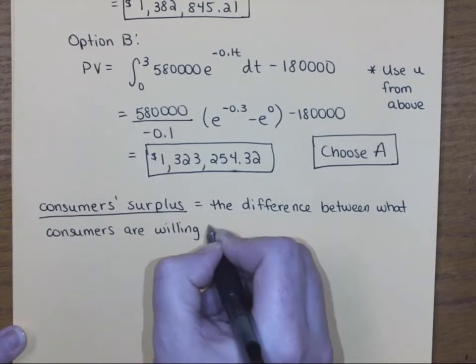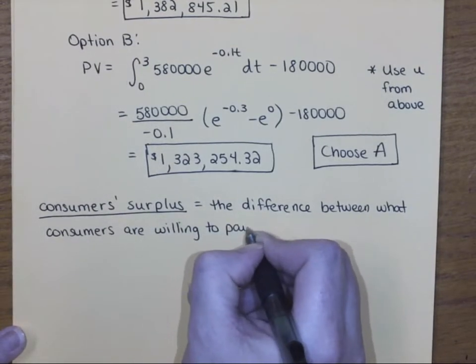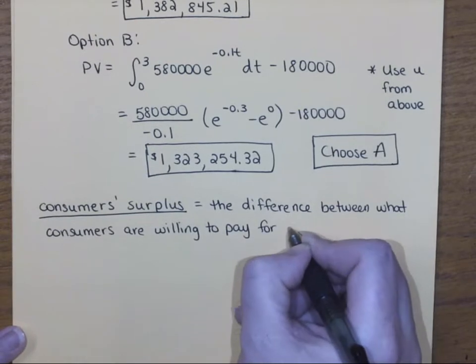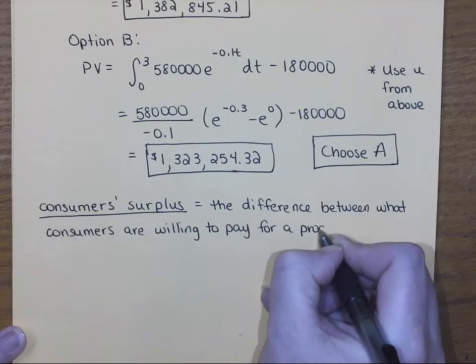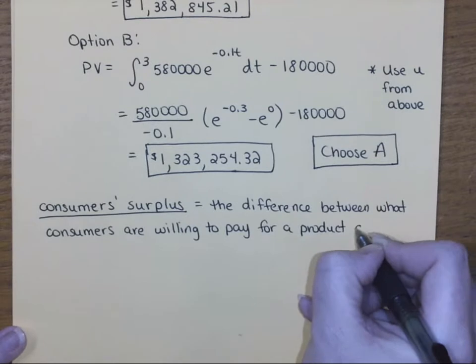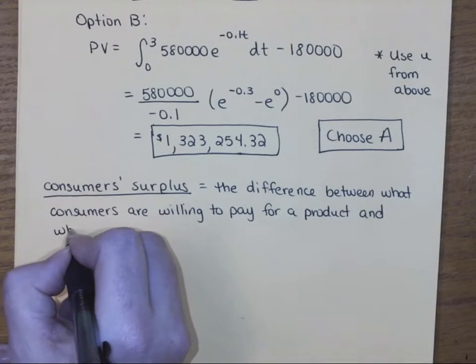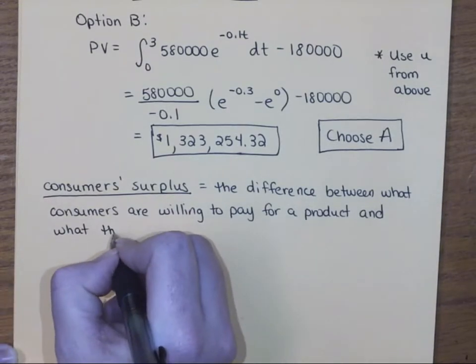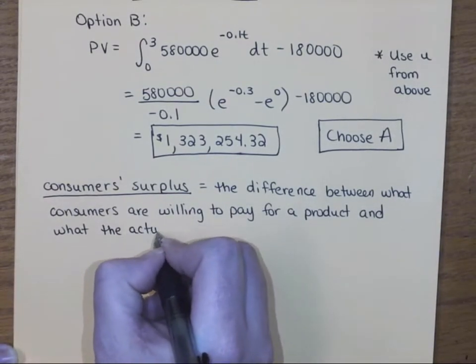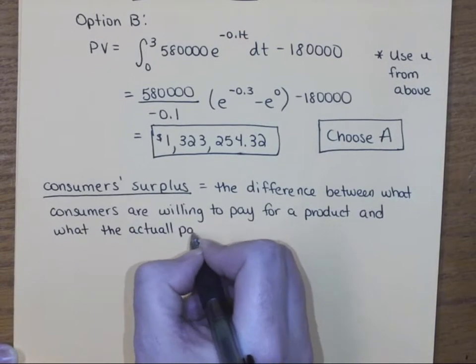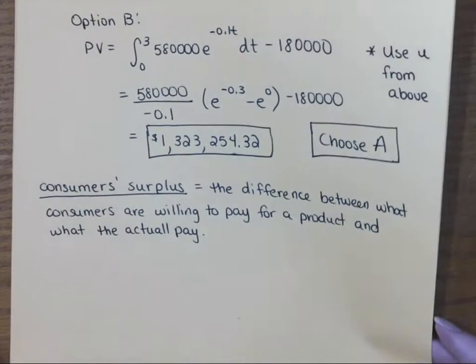Because one of the principles of economics is, for the most part, if you increase the price enough, people will stop buying it. So, the difference between what they were willing to pay for a product before they said, hey, I'm not paying that, and what they actually pay. In other words, how much wiggle room is there?